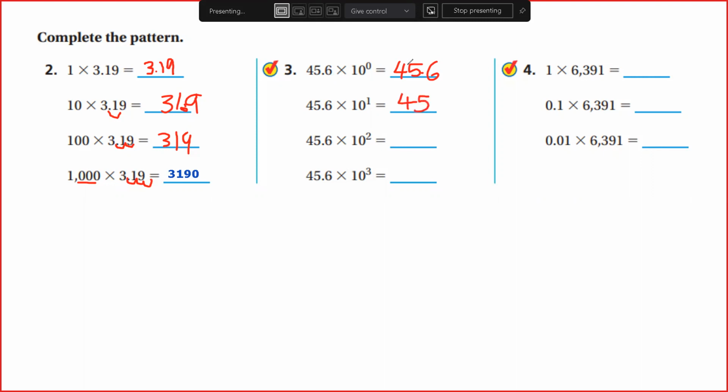Bravo, 456 because we move it only 1 digit. 45.6 times 10 to the power of 2. It's going to be 4,560. Bravo. And next, 45.6 times 10 to the power of 3. 45,600. Bravo.